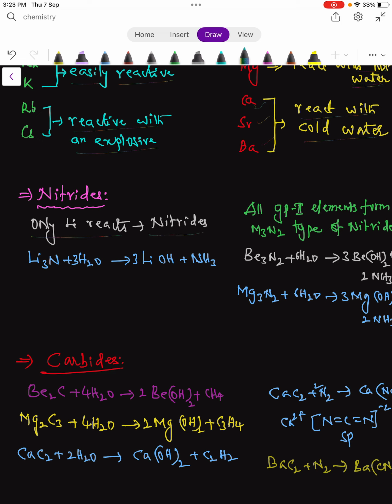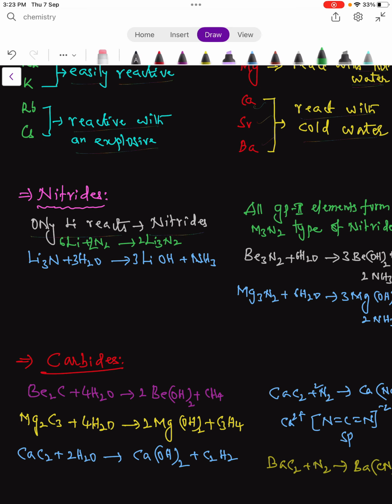When lithium reacts with nitrogen, Li3N is formed. 6 moles of lithium, 2 moles of nitrogen you can take, right? So this Li3N, this is the product.